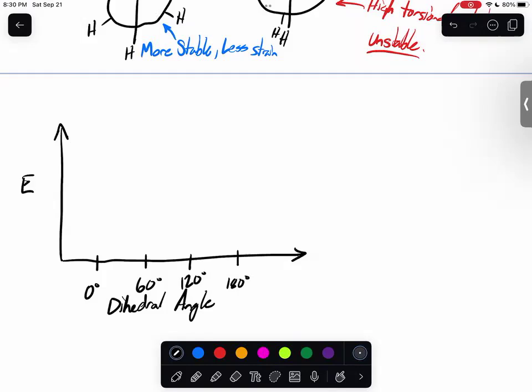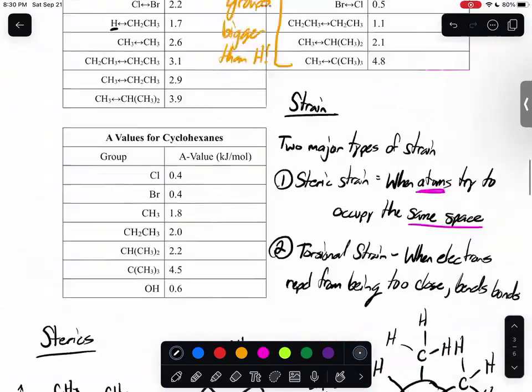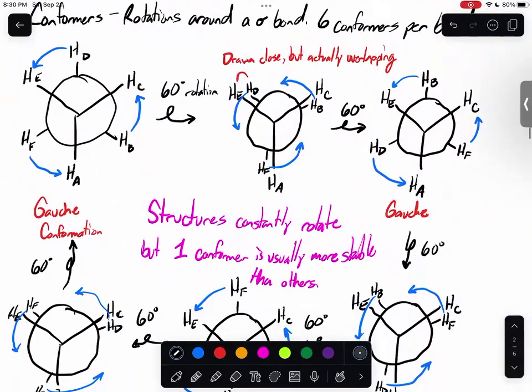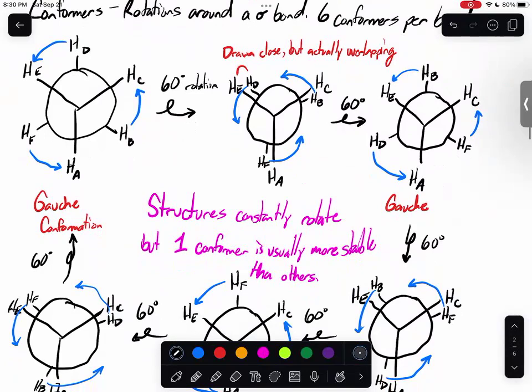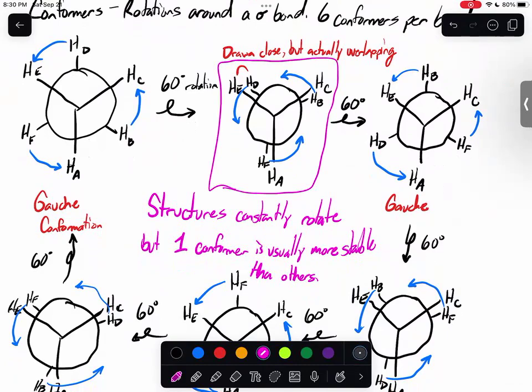Let's go back up and look at these ethane conformations. Let's say we were looking at HC and HB, and we're looking at the dihedral angle between them. Right here in this structure that I have boxed, HB and HC are overlapping. So we would say this has a 0-degree dihedral angle.